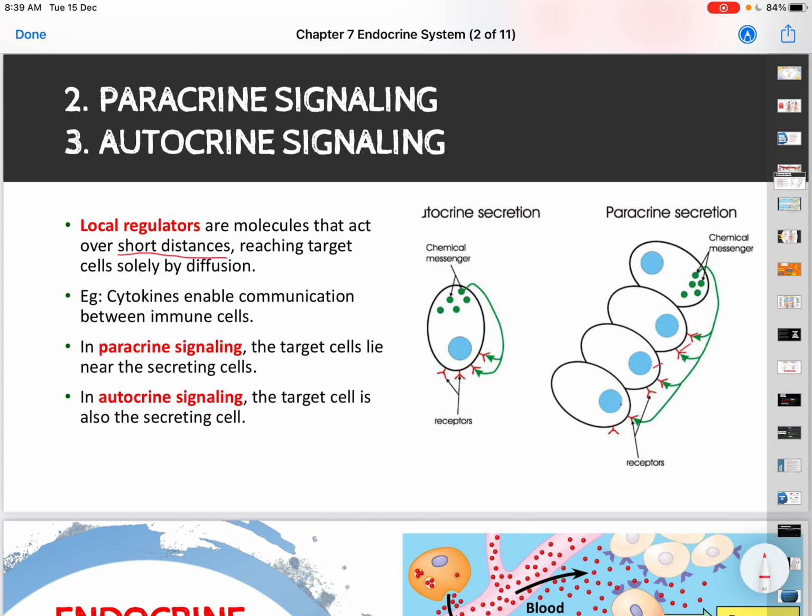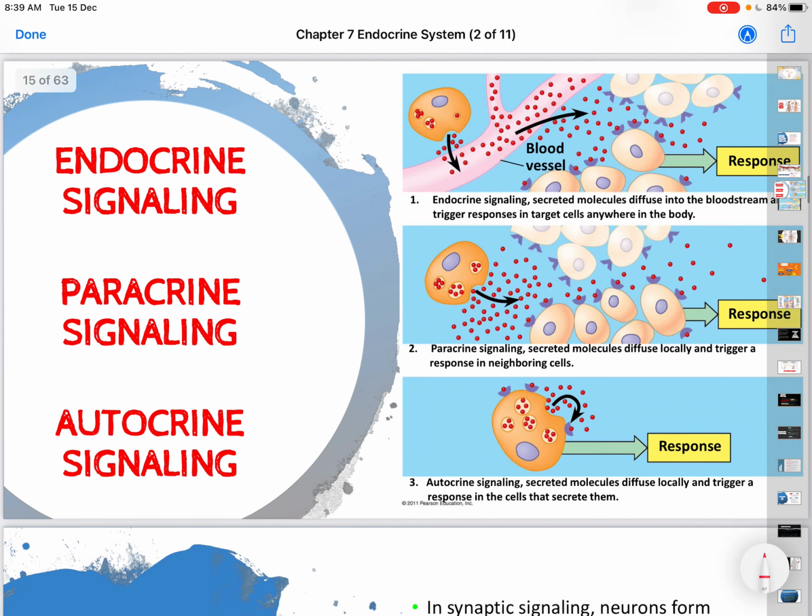That is the meaning of local regulators being molecules that act over short distance. The distance between target cell and secreting cells is very near, and the action only happens by diffusion, with no need for involvement of the bloodstream.